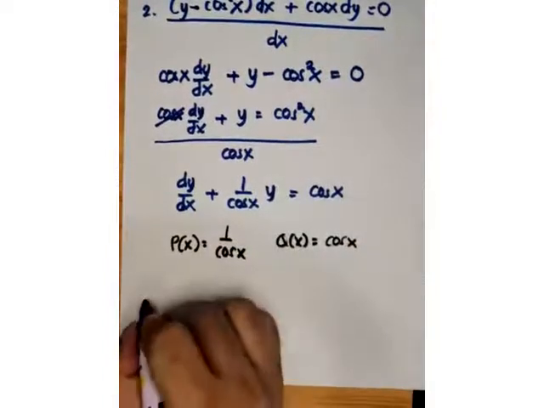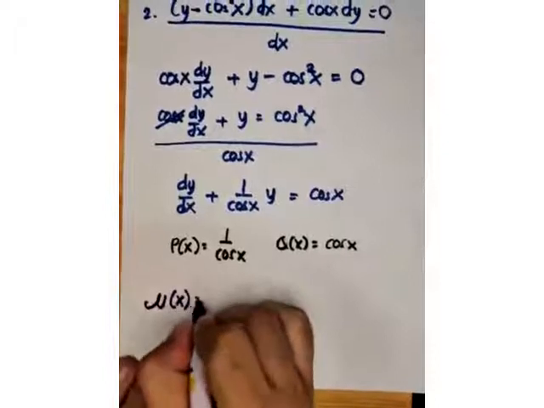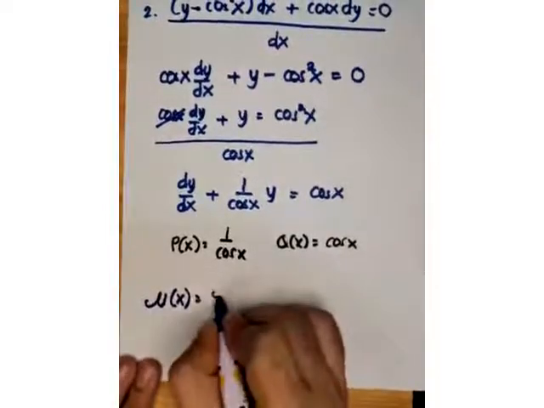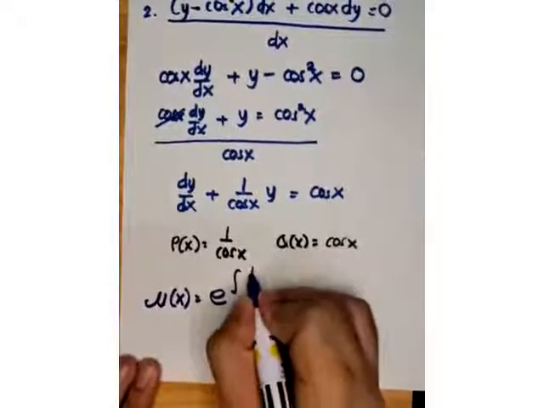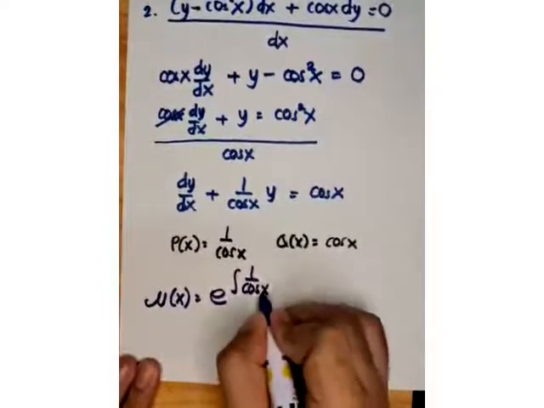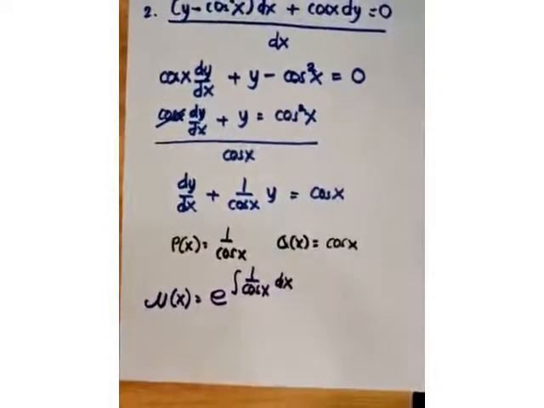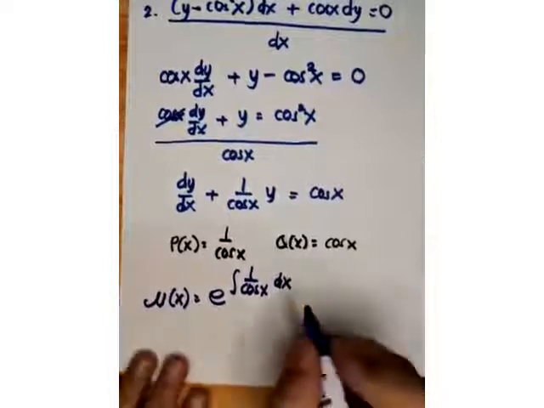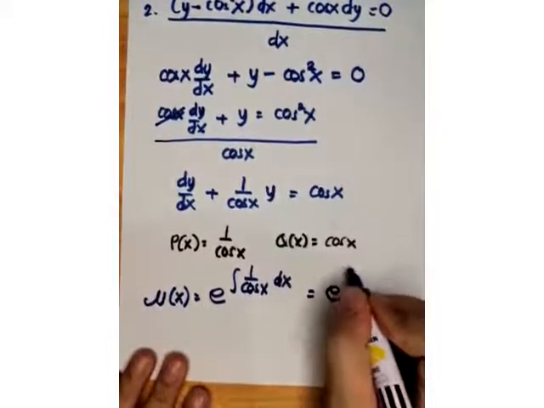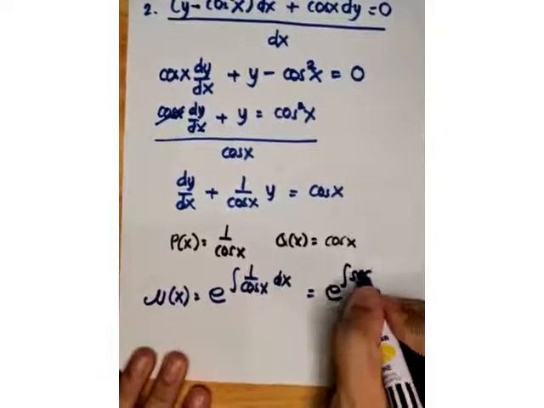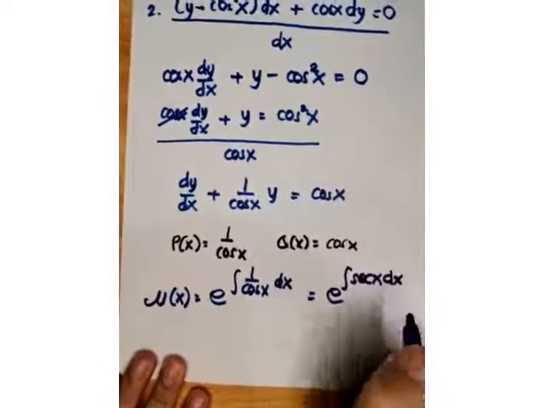Okay, next. So let's have our integral. So the integral, our integrating factor is e raised to the integral of 1 over cosine x dx. Or we can write that as e raised to the integral of secant x dx.